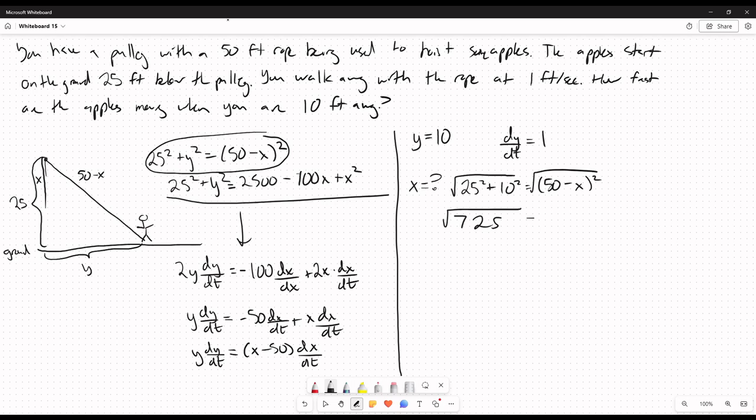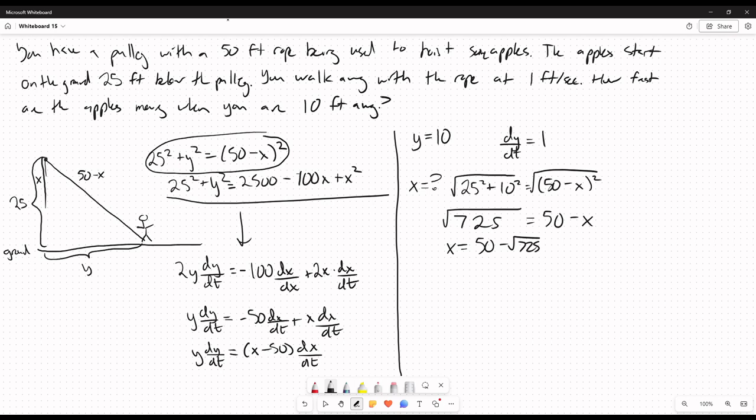So the square root of 725 equals 50 minus x, meaning that x equals 50 minus the square root of 725. How do we know that we weren't supposed to use the negative sign? Well, if I would have used the negative sign, this would have ended up being 50 plus the square root of 725, and I would have a negative length for this here, which would be bad. So 50 minus the square root of 725 is what we want there.